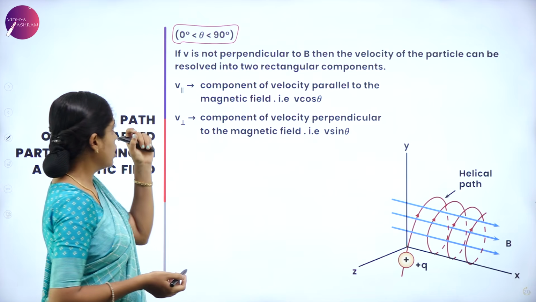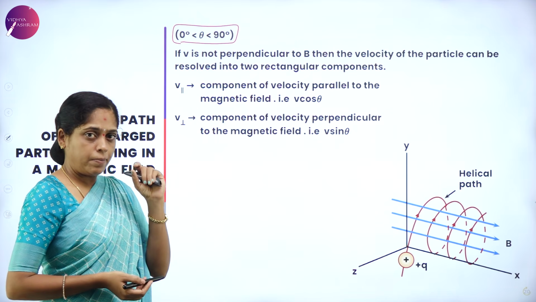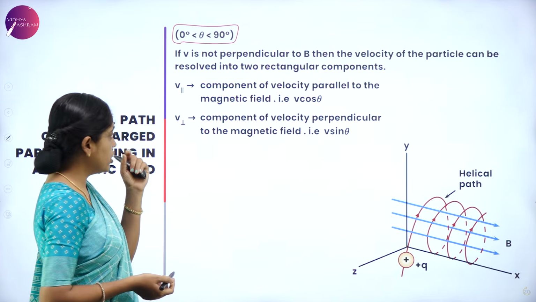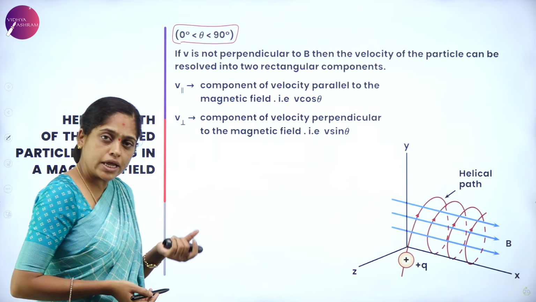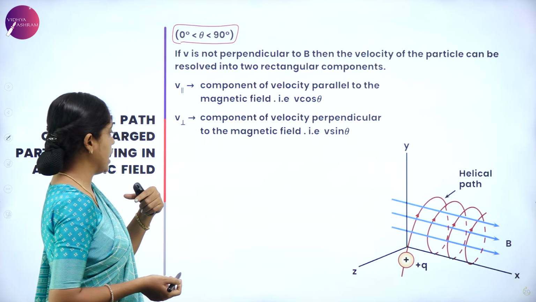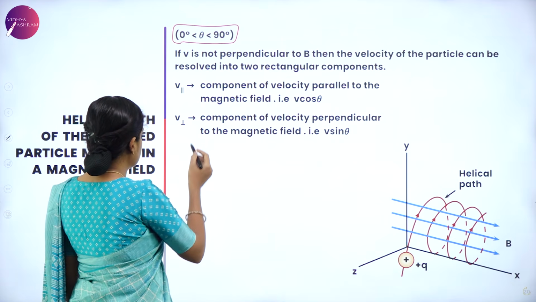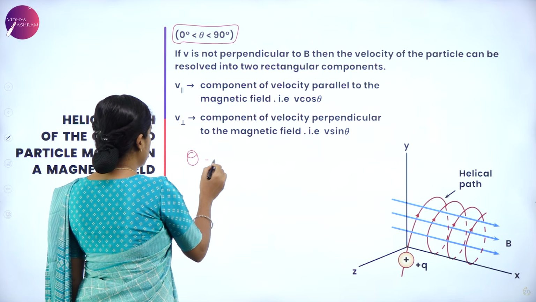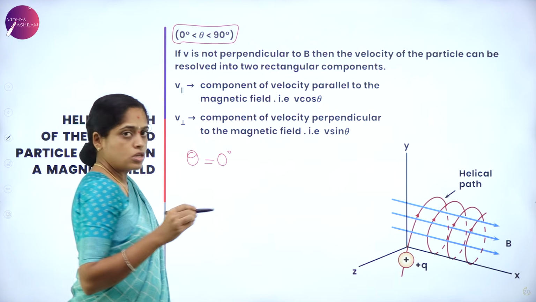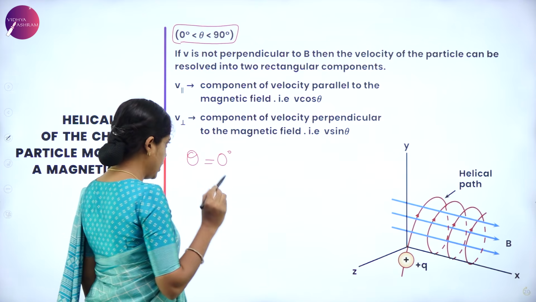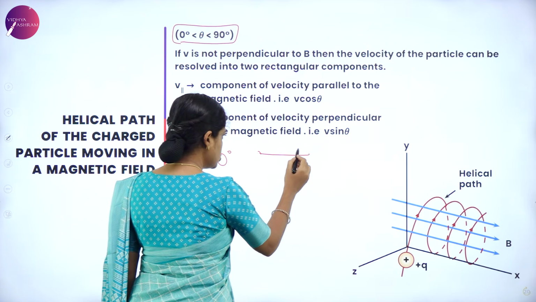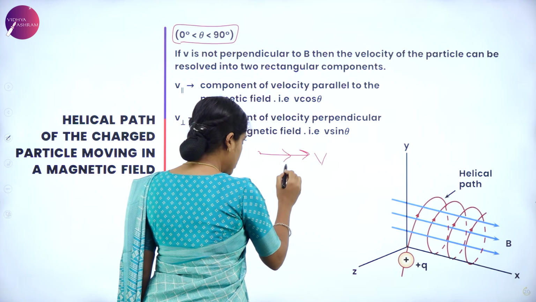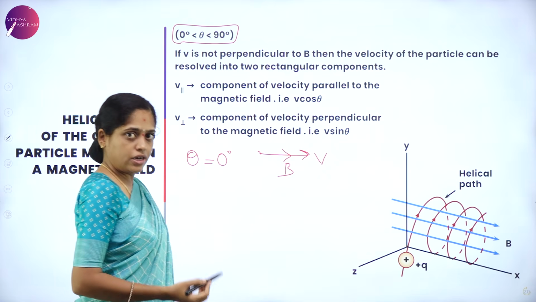First, we will consider theta equal to 0 degree, that is, the charge is moving in the direction of the magnetic field.